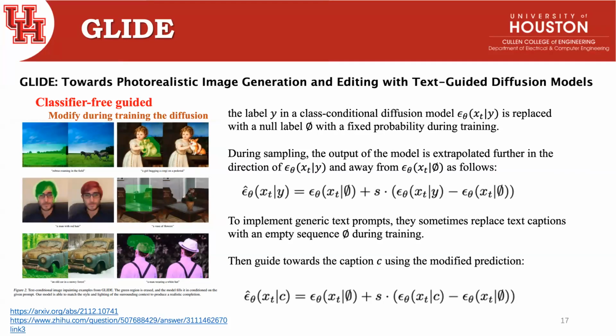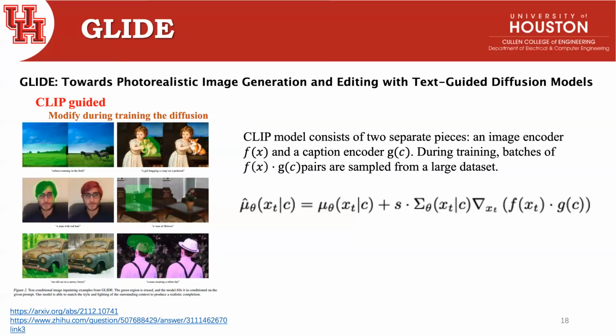During the sampling, they generate some text prompts, and then sometimes replace the text captions with the empty sequence during the training, and they try to pull this model away from the empty sequence, so they can gradually generate the pictures closer to the text or closer to the directions. So this we call the classifier-free guide.